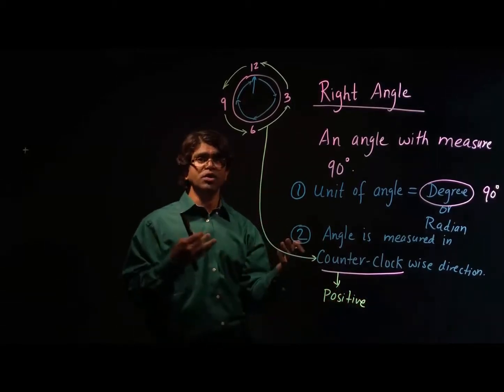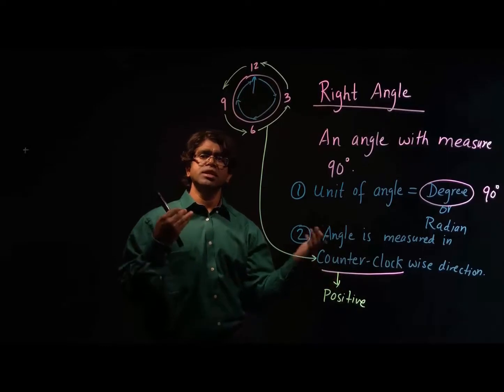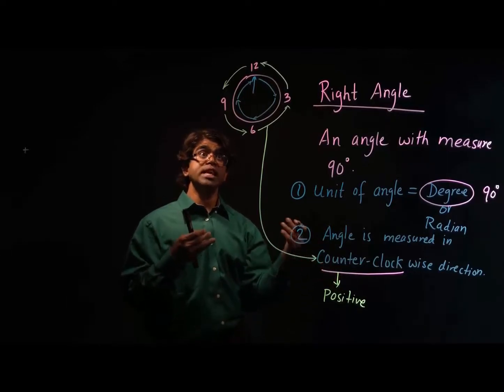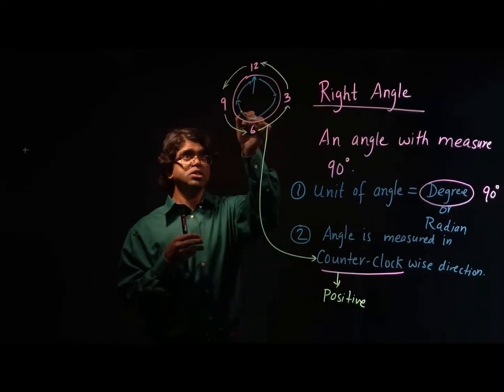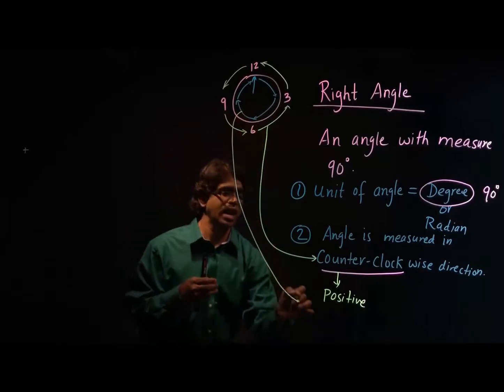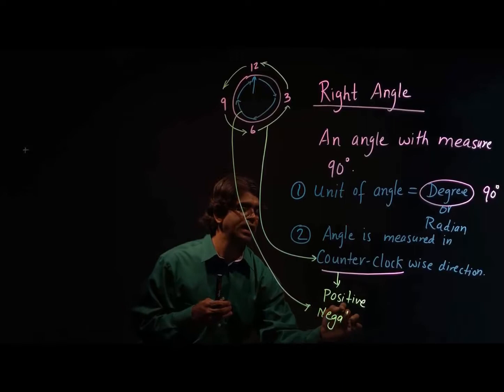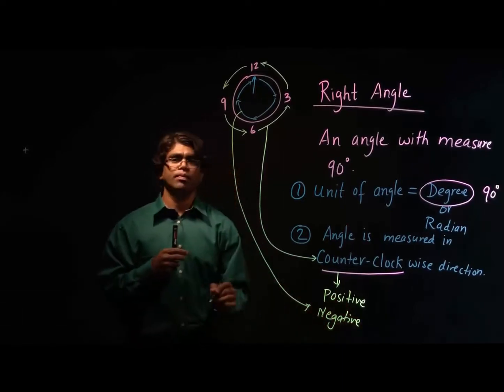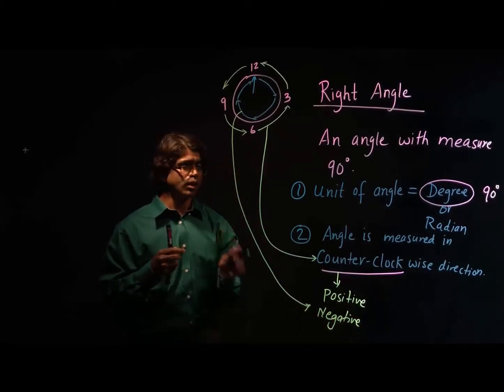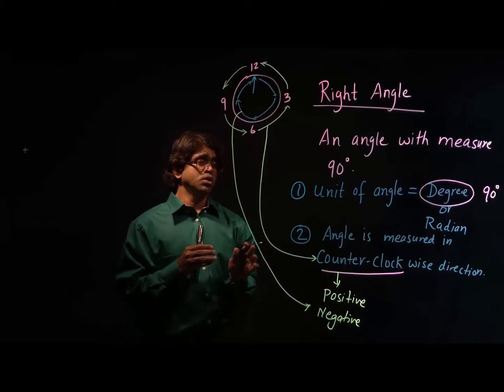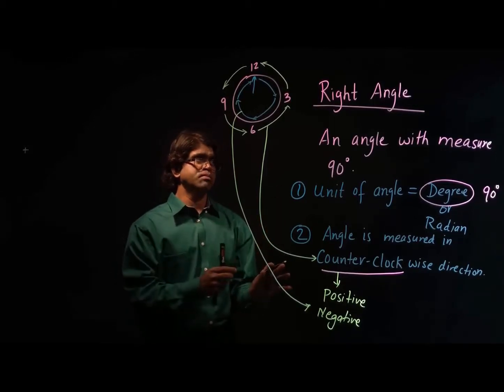You must be wondering, what if I measure the angle clockwise? Then in that case, the value of the angle will be negative. So these two things we need to remember.